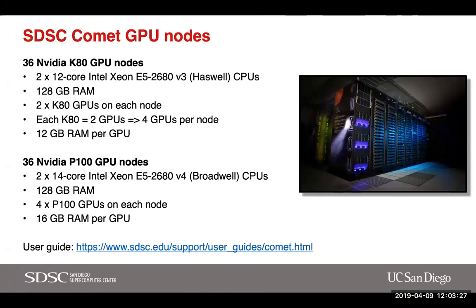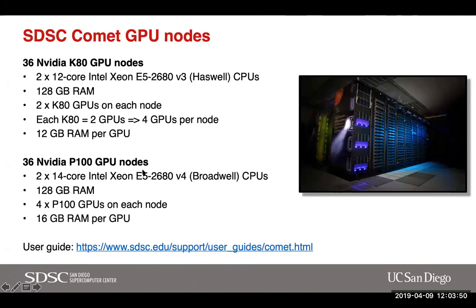Just a quick overview, we have 36 older GPU nodes that have K80 GPUs. A K80 GPU has internally 2 GPUs, so really these are compute nodes with 4 GPUs. The nodes are 2 times 12-core Intel Xeon nodes that have these GPUs attached, and there's 12 GB of RAM per GPU.